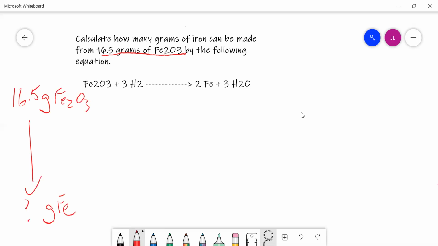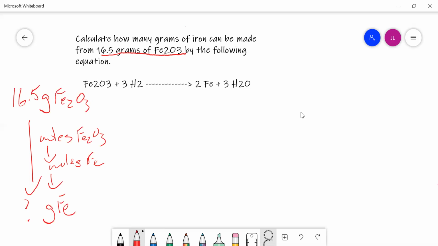So we have grams, we want to get to moles of Fe2O3, and from there we can go to moles of iron, and then from there grams of iron. So there's our little tree guiding us, let's do this in dimensional analysis.